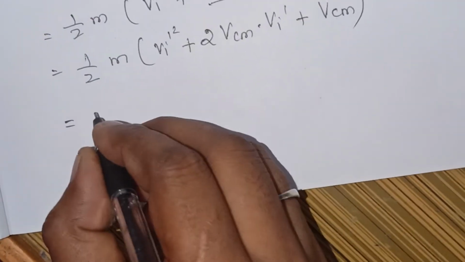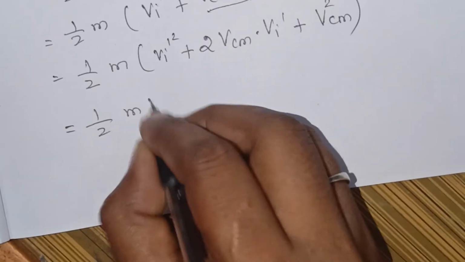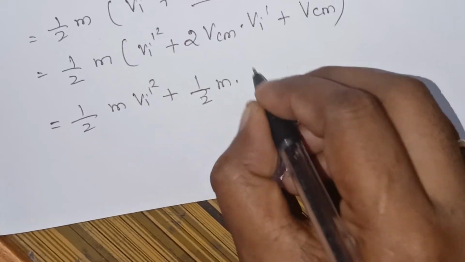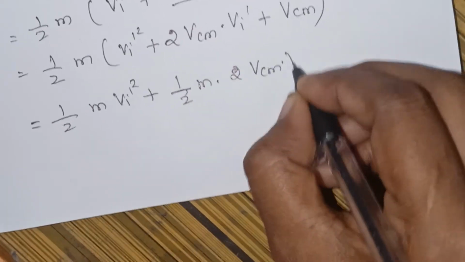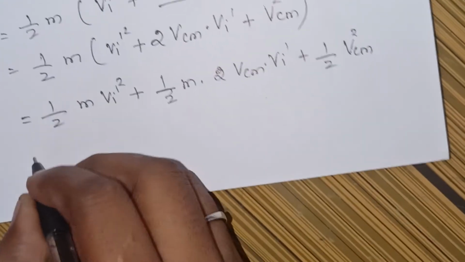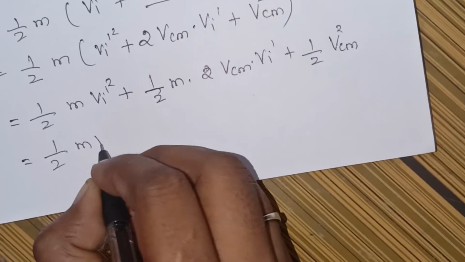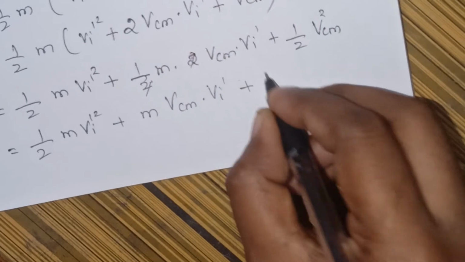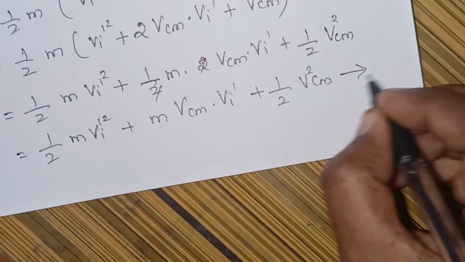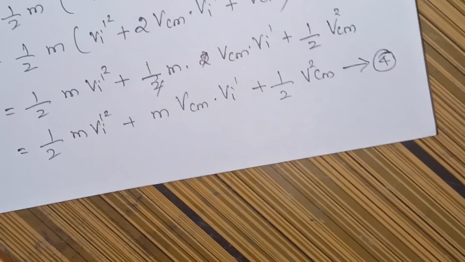So 1 by 2 m Vi dash squared plus 1 by 2 m 2 Vcm Vi dash plus 1 by 2 m V squared cm. Here the 2 gets cancelled, so m Vcm into Vi dash plus half m V squared cm. Take this as equation number 4.